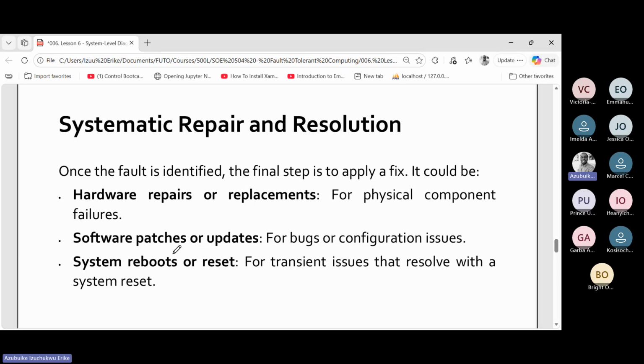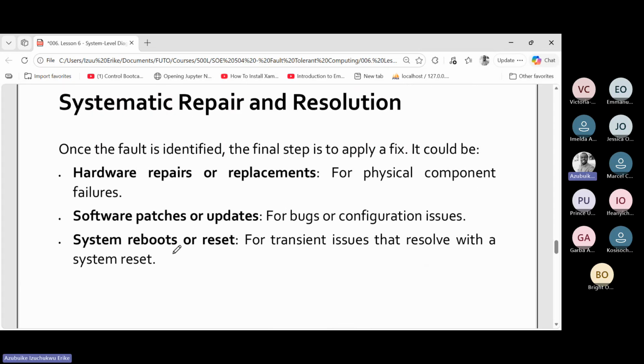Or if you found out that it was a software misbehavior, you need to develop updates in order to deal with the bugs that caused it. And in some cases, especially for transient issues, you may just need to reboot your system and everything resolves. So that is what we have in system repair and resolution.